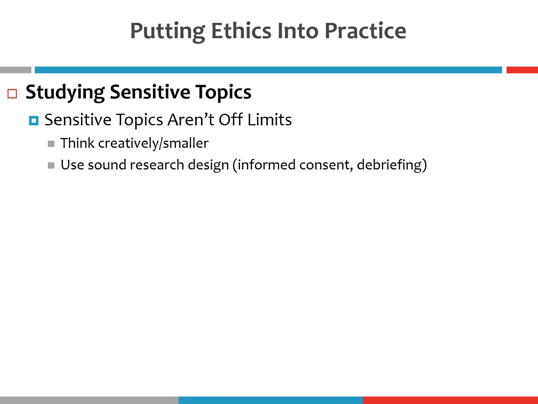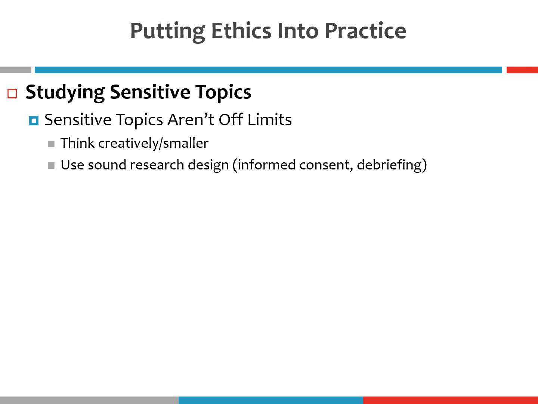Okay, so two of the things we have to consider when we're studying sensitive topics is, again, we have to define them sort of creatively and also make sure to use the tenets of sound research design. So things like informed consent and debriefing. Obviously with the Tuskegee syphilis study, we saw what happened when there wasn't informed consent.